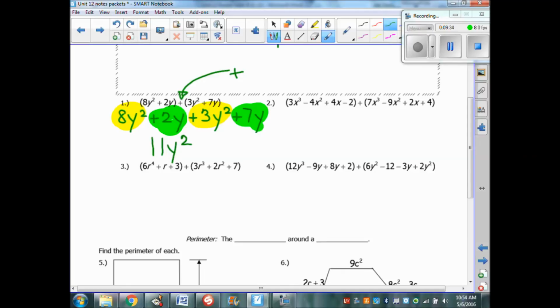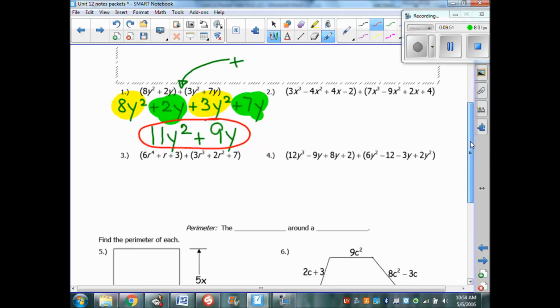And then what I've highlighted in green, plus 2y plus 7y, is going to be plus 9y. That's my final answer. I've combined my like terms. I can't do anything else with that, because 11y squared is not the same as 9y, so you're done with that.